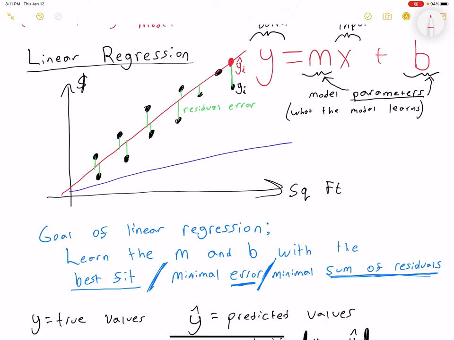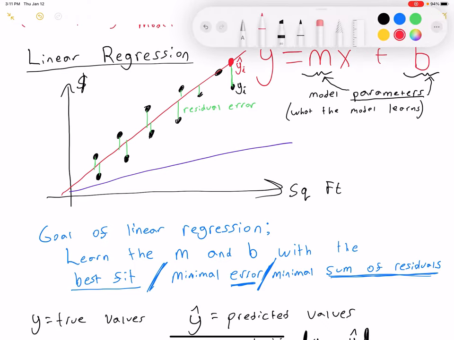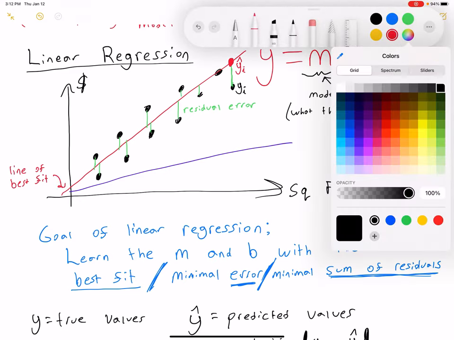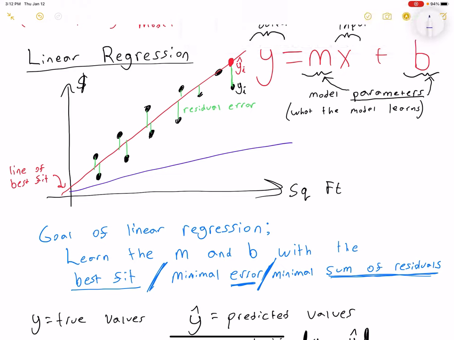Yes? I missed it. What's the difference between the red and the blue lines? This line? Yeah. So this line is just another possible line. Let me give them labels. So this red line is the line of best fit. And this blue/purple line is not the line of best fit.